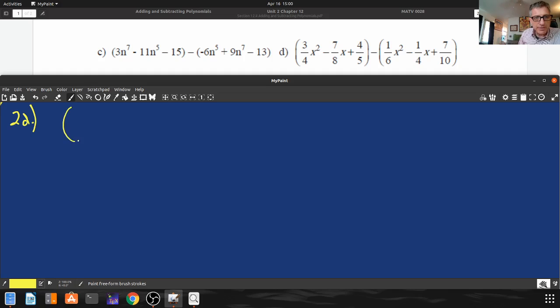So we have 3/4 x squared, minus 7/8 x plus 4/5. So the coefficient of the x squared term is 3/4. The coefficient of the x term is minus 7/8. And the constant term here is plus 4/5.